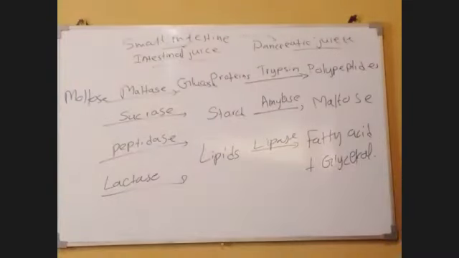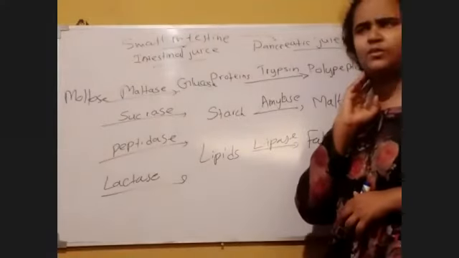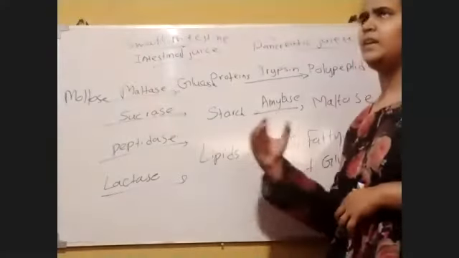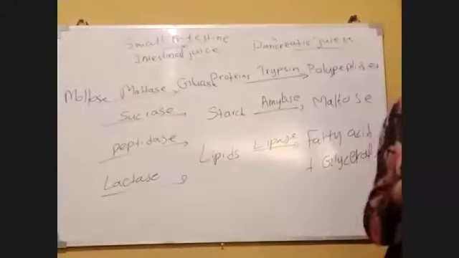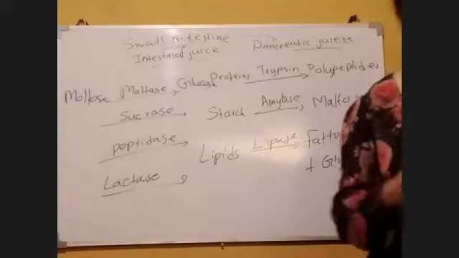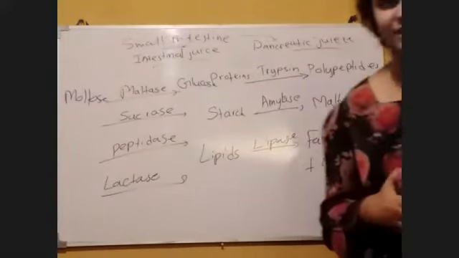Not only maltose, there is also sucrose. This sucrose is in our digested end products, which means sucrose also reaches the small intestine. But in our lesson we don't have to discuss the formation of sucrose in digestion.